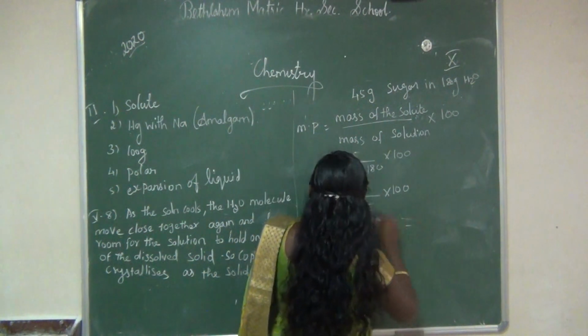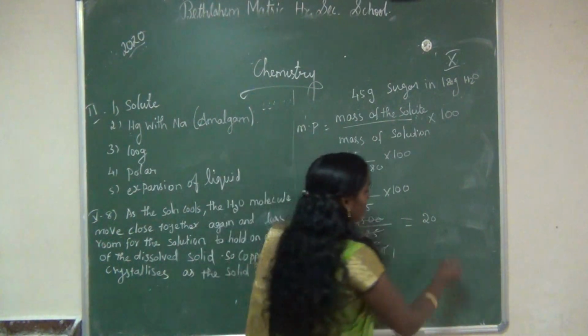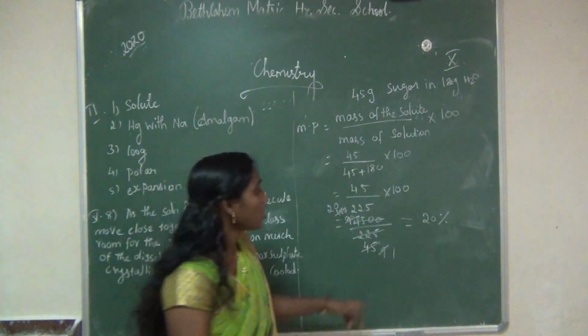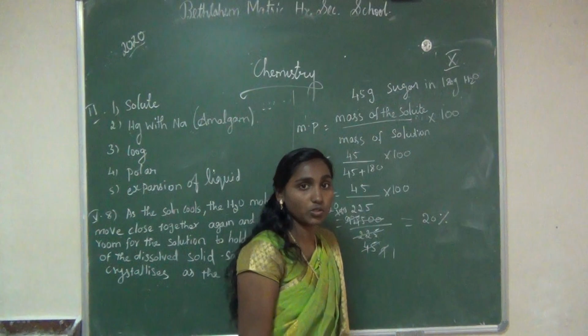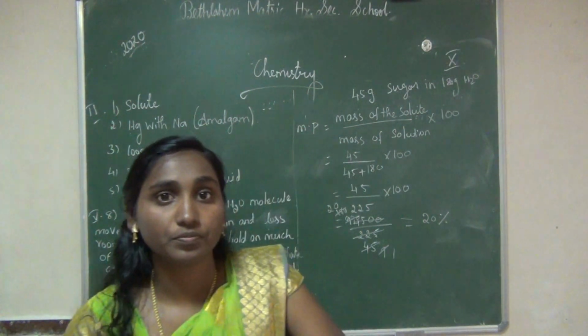So we will get the answer 20 what? 20 percentage, because we need to find the mass percentage. So 20% of sugar. Okay, this is the answer. Note it.